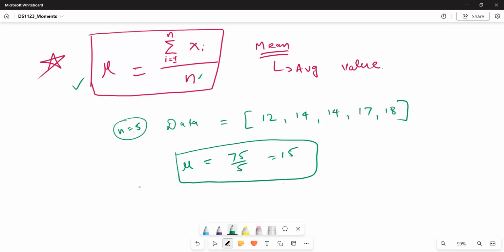Always remember, the mean of the data will always lie between the minimum and the maximum value. This is needless to say, because the average value will always lie between the minimum and maximum values.